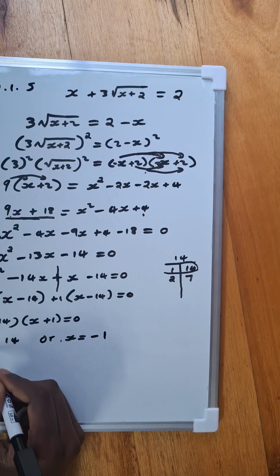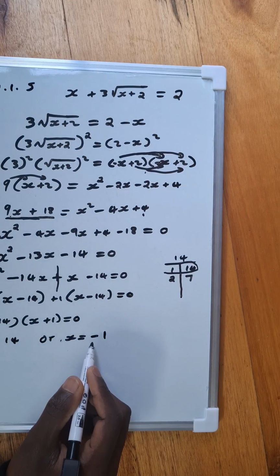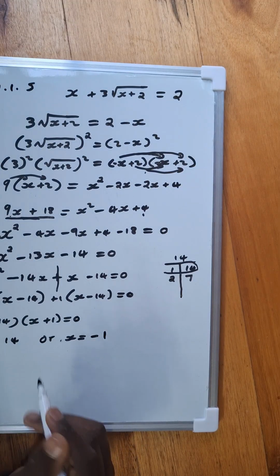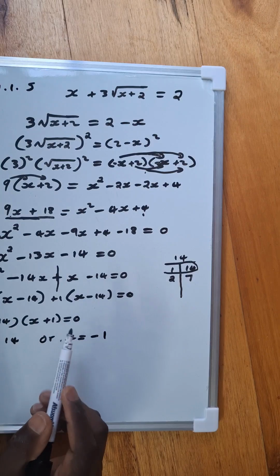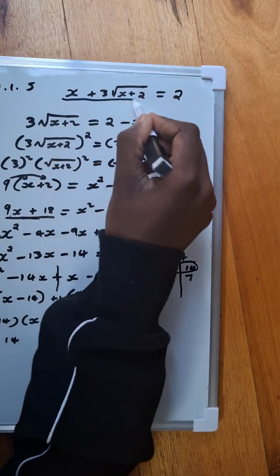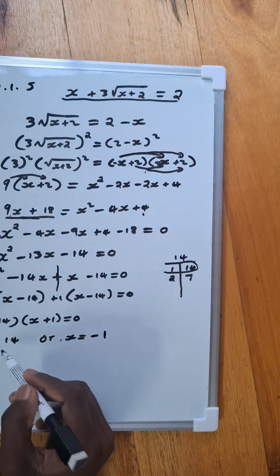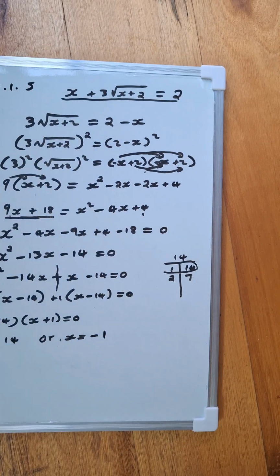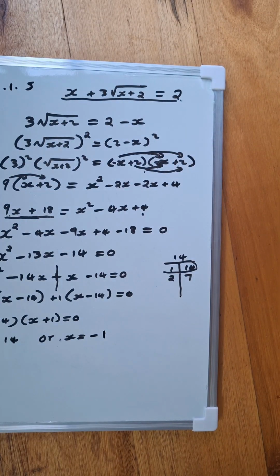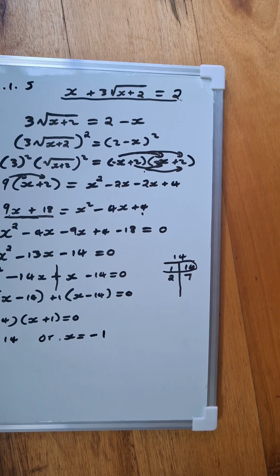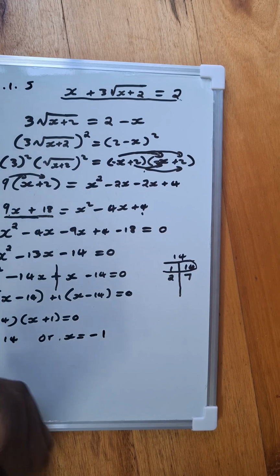So since I have two answers, you test your answers in your original equation. When I put 14 here, will I get 2 that side? Whenever I sub 14 where I see x, it doesn't read as the solution, because when you sub 14 you get 26, which we don't need.